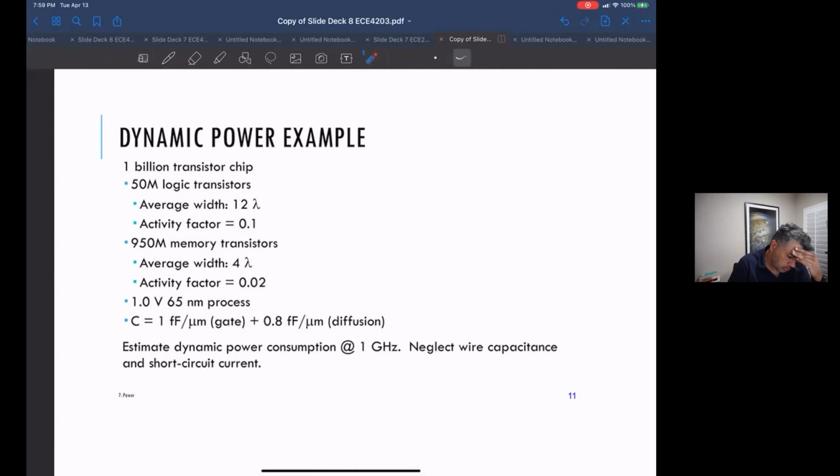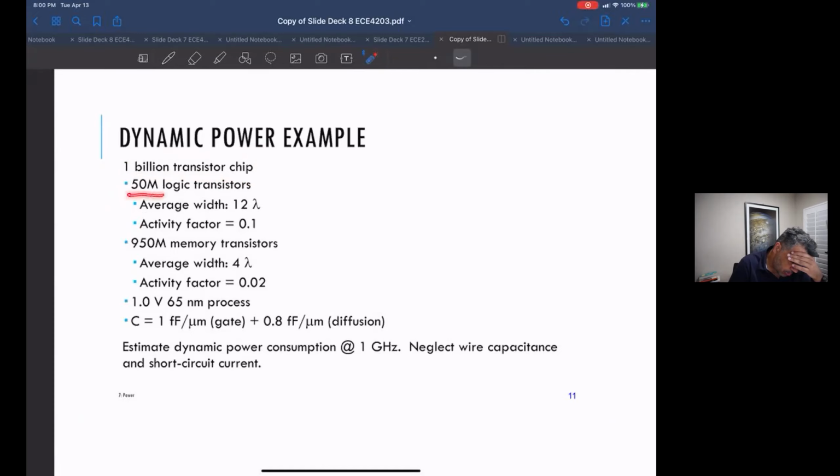Okay guys, let's do a couple of examples. Why don't you try doing this for a couple of minutes, and then maybe I'll ask one of you to help me out here. Let's say this is the example. If you want to cheat, I think the answer is in the next slide. We have a 1 billion transistor chip.